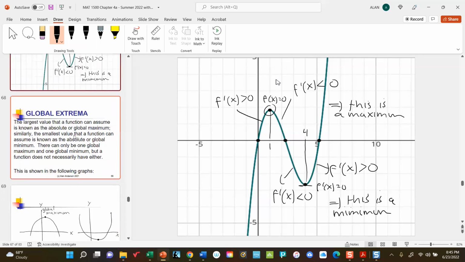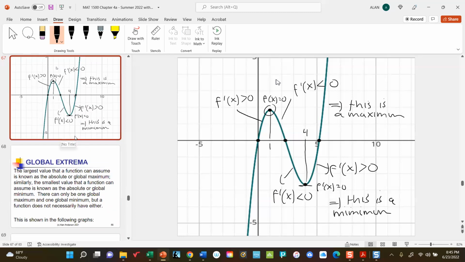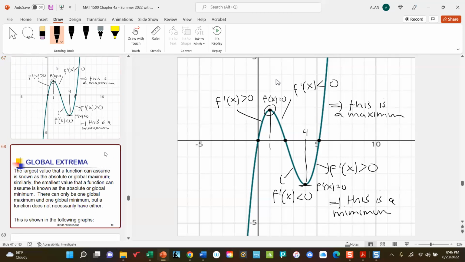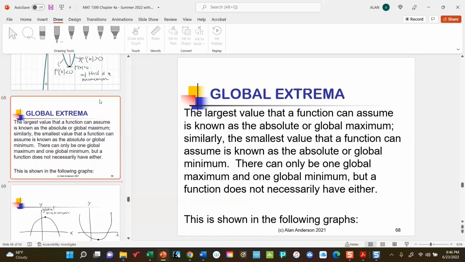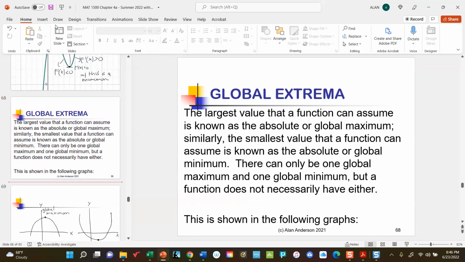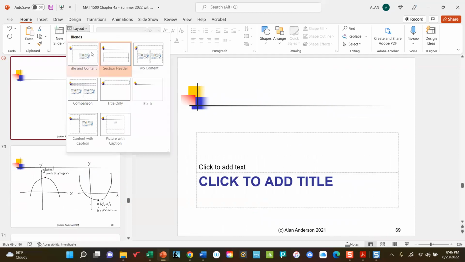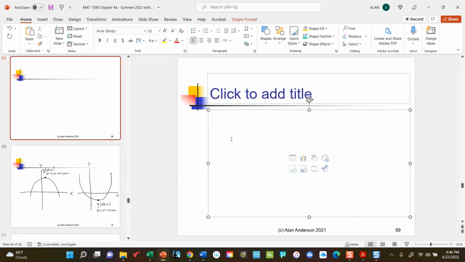All right, now, I mentioned we've been talking about local minima and maxima, which are only restricted to certain regions within the graph. But it turns out that there's also another type of extrema that we can consider, which is called the global, or sometimes it's called absolute. In fact, let me make a little note here. Because again, as is often in math, there's multiple words that mean the same thing.